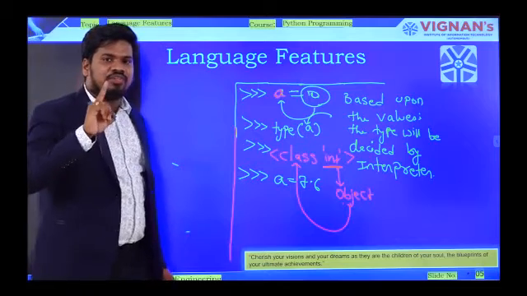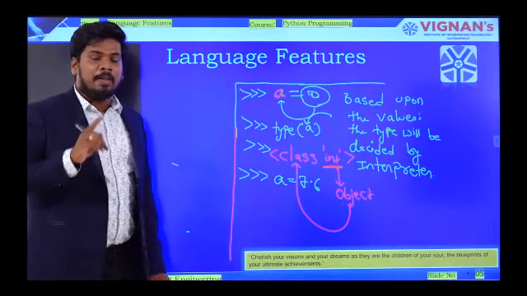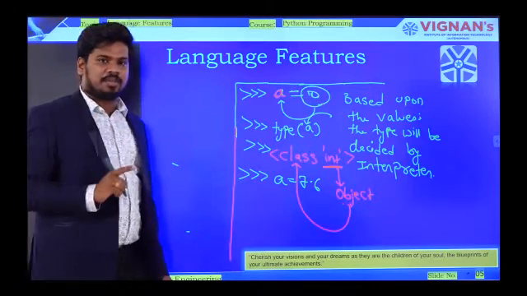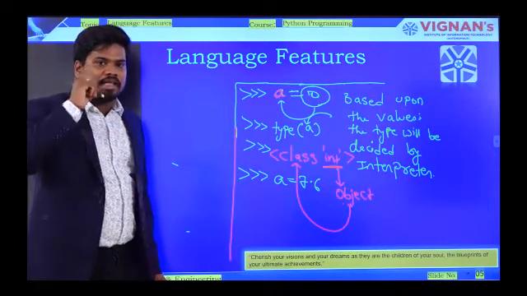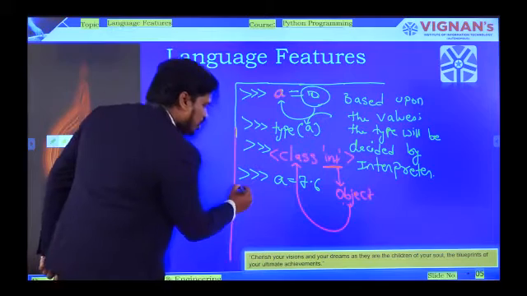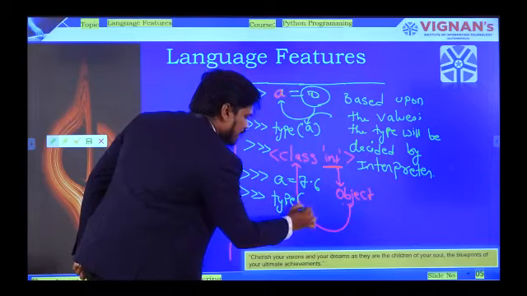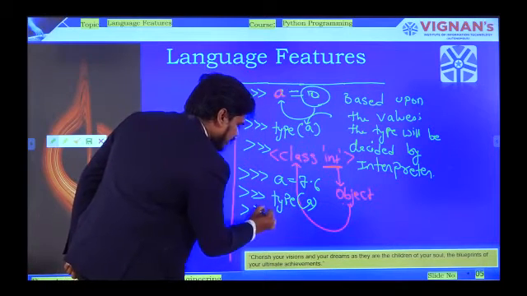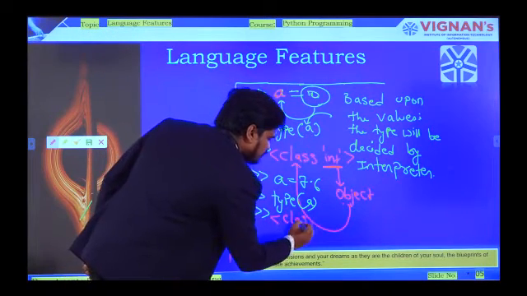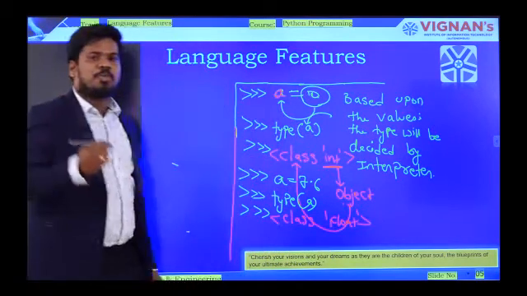By looking at the value, we can say that 7.6 is a floating point representation, isn't it? So remember that based on the value, the type will be decided by the interpreter. If you want to confirm yourself, again give the function type of A. Now my interpreter will give me the output class of float. Class of float. This is the output I will get.